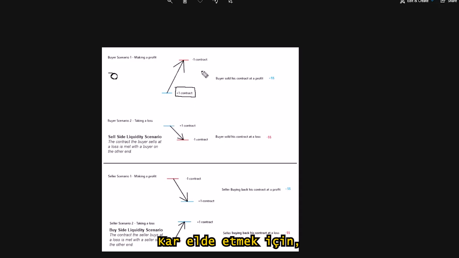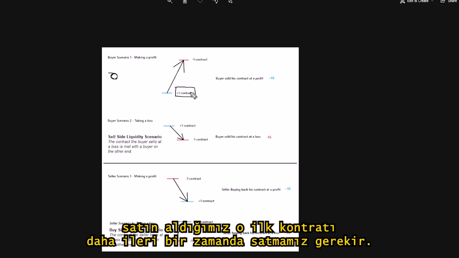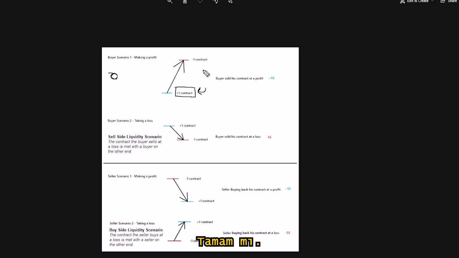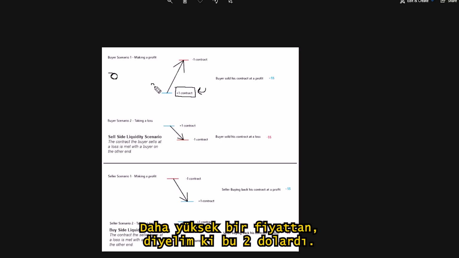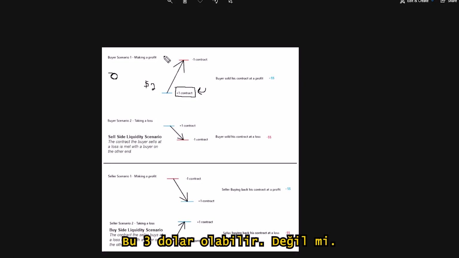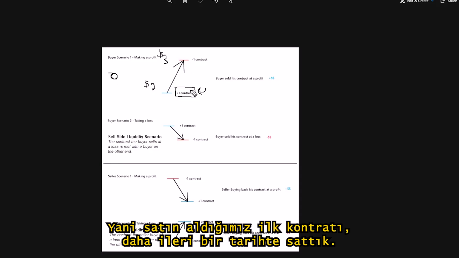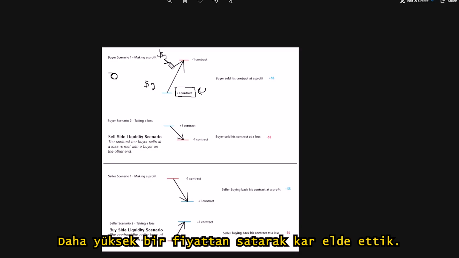To make a profit, we need to sell the initial contract that we bought at a later time at a higher price. Let's say this was at $2. We want to sell at a profit. This could be $3, meaning the first contract that we bought, we sold at a later date at a higher price, making a profit.